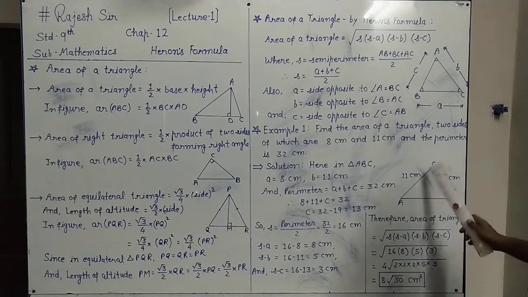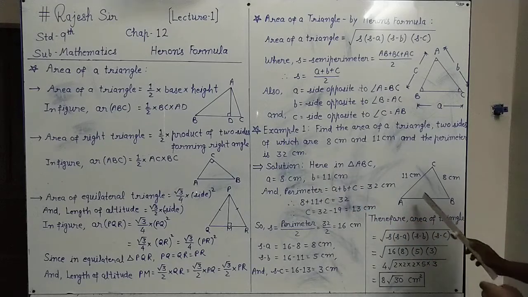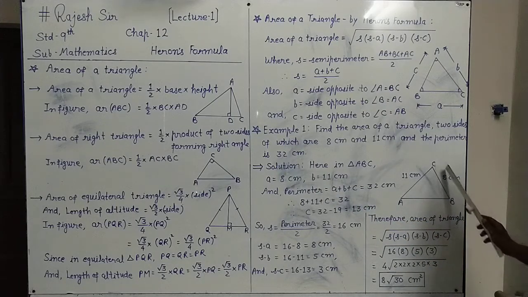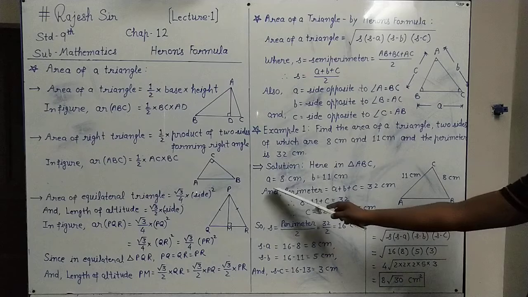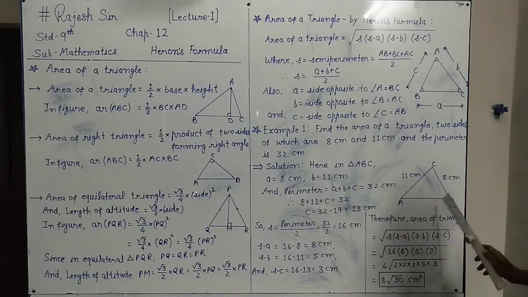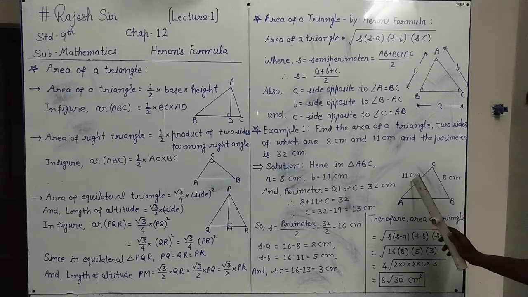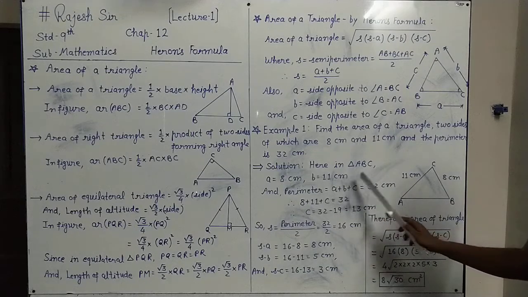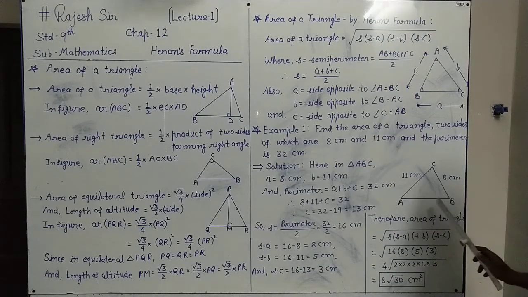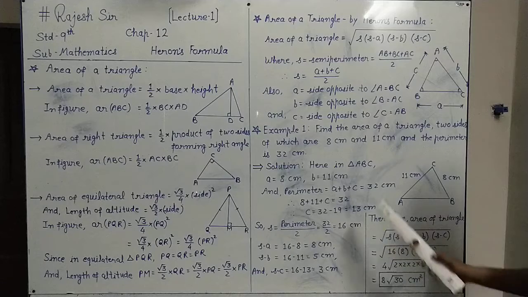So in triangle ABC, angle A's opposite side BC is 8, so a equals 8 cm. Angle B's opposite side AC is 11, so b equals 11 cm. The third side c is not given; we will find it using the perimeter.